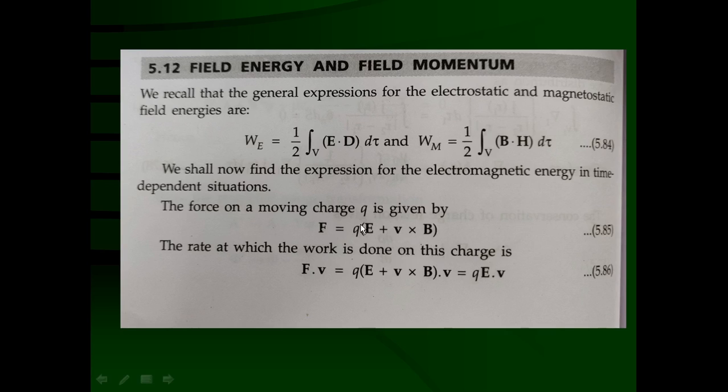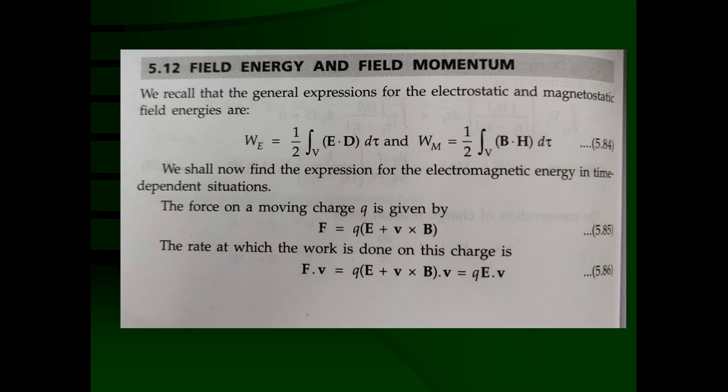Now, if we consider that this charge experiences force because of the electromagnetic field, then what is the rate at which work is done? The rate at which work is done is called the power, that means work per unit time. What is the expression for work?